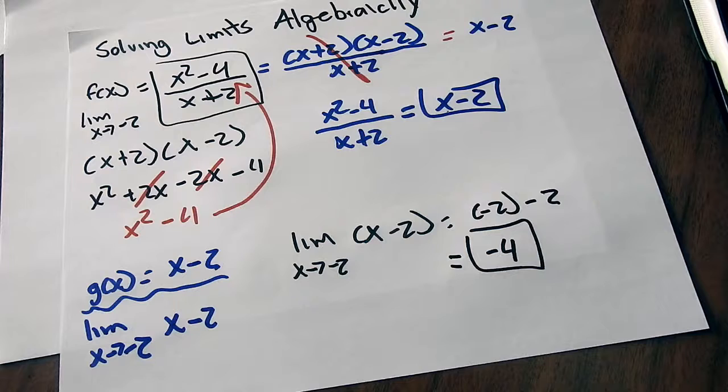So we just proved that solving limits graphically, numerically, and algebraically gives the same result. We came to realize that the result is negative 4, and I'm going to be solving some exercises in the next video. Thank you.